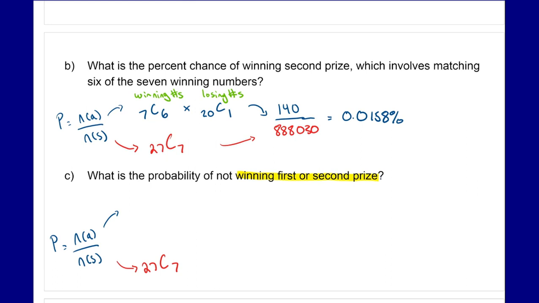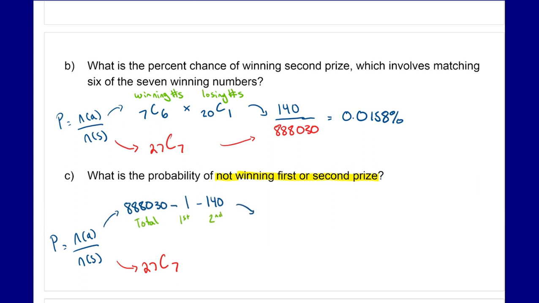For the number of successful outcomes, which is not winning, might as well highlight the "not" of not winning first or second, we're going to take the total number of possible outcomes and subtract the ways to win first prize, which is 1, minus the ways to win the second prize, which is 140, and that is going to equal the number of ways of not winning first or second. So this is our total, we minus our first prize, minus our second prize.